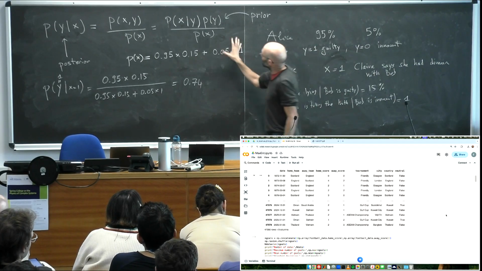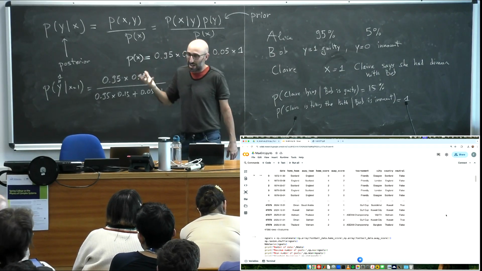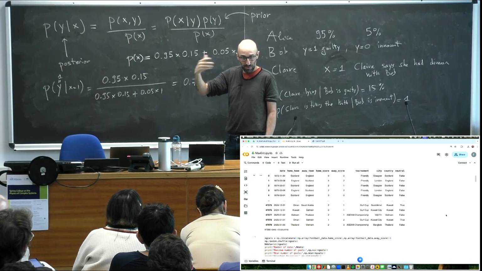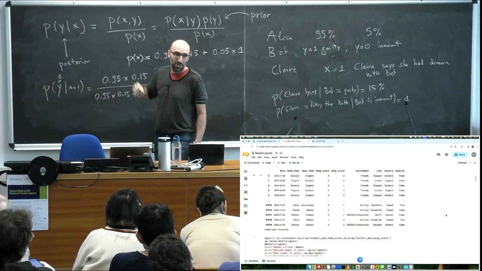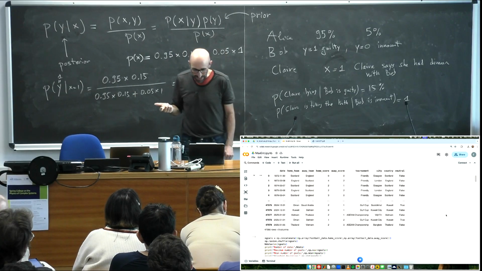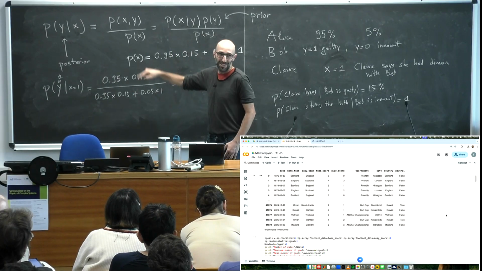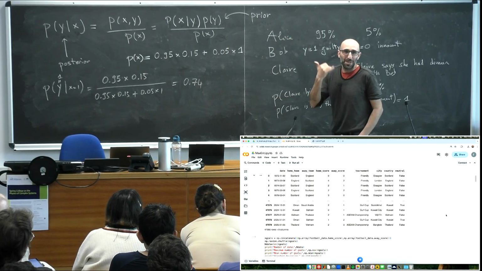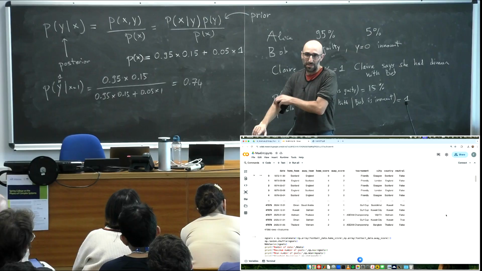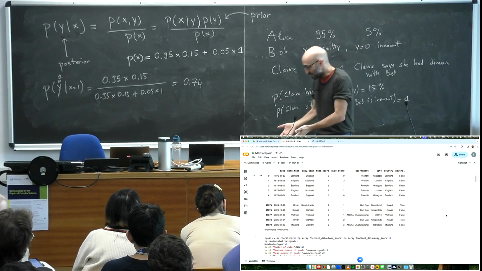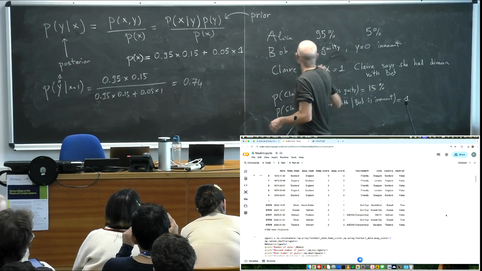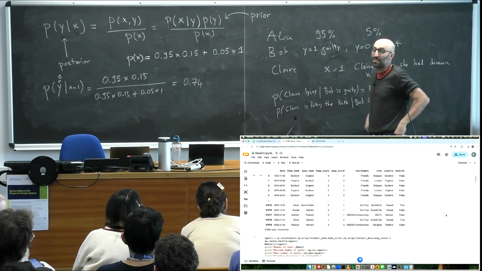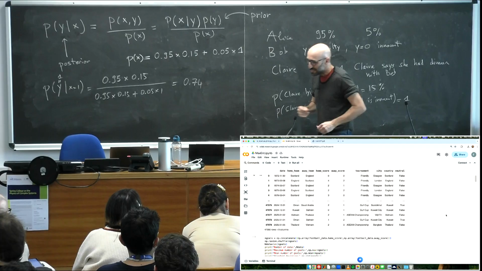But the power of this relation is that after you have done a model for your prior belief and for the likelihood of the data that you receive, you can be quantitative on how you update your belief. And the other powerful thing is that you can iterate this, because now it's down to 74%, and maybe there will be another phone call, or maybe you will find another piece of evidence, and you can update this number again in light of new evidence, and you can keep going until you reach a decision, okay?